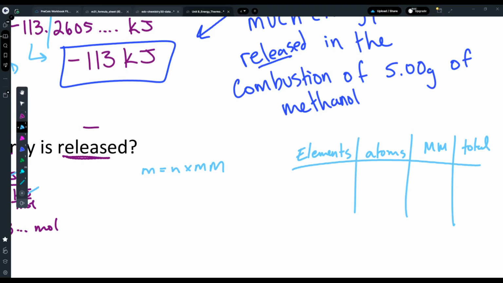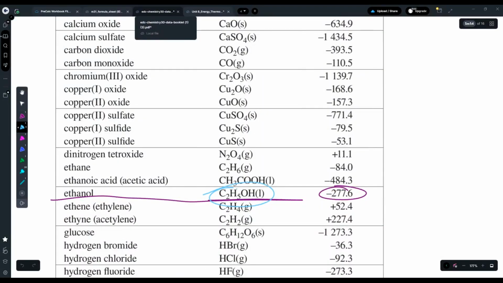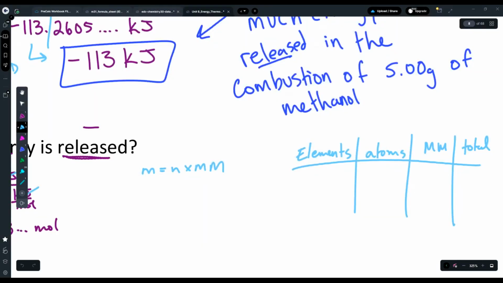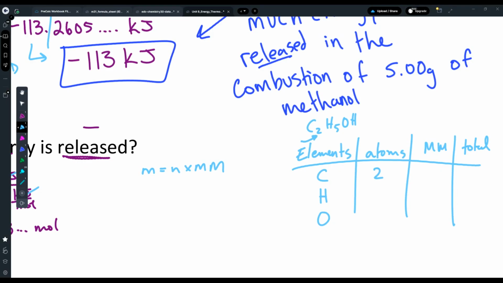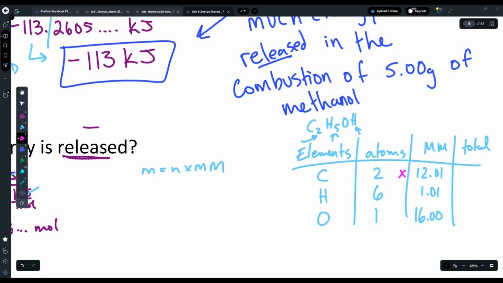Okay, so what was that? C2H5OH. All right, so we've got carbon, hydrogen, and oxygen. We have 2 carbons. We have 5 plus 1 hydrogens, so 6 hydrogens, and 1 oxygen. Oxygen has a molar mass of 16, carbon is 12.01, hydrogen is 1.01. So we're just going to multiply these out.